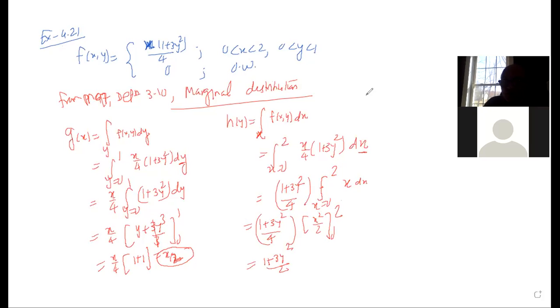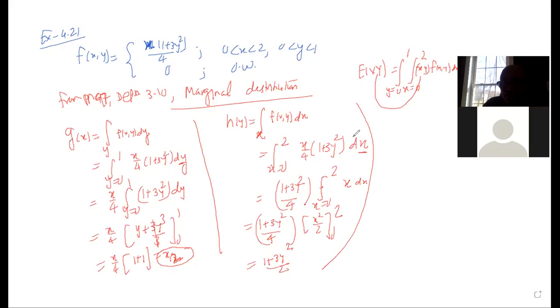So this is my first part, this is my second part, and now I'm going to write E of x and y. That is nothing but the integration along x and then along y. X is equal to 0 to 2, y is equal to 0 to 1, and I have to write x and y times f of x and y, dx and dy by definition.